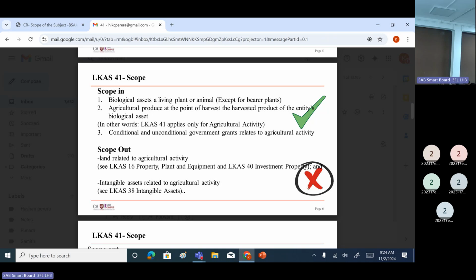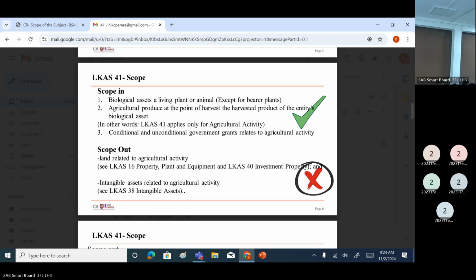If it is a banana tree, it's a short-term perspective. We need to use LKAS 41 for financial reporting. Consumable plant, LKAS 41.